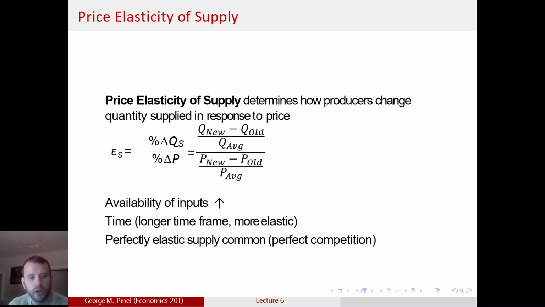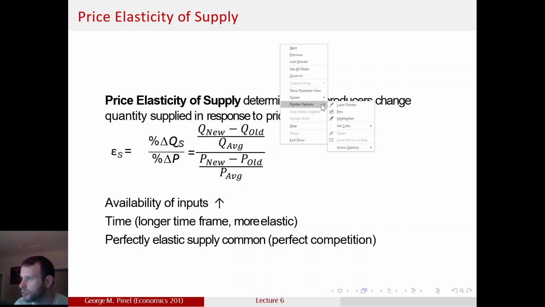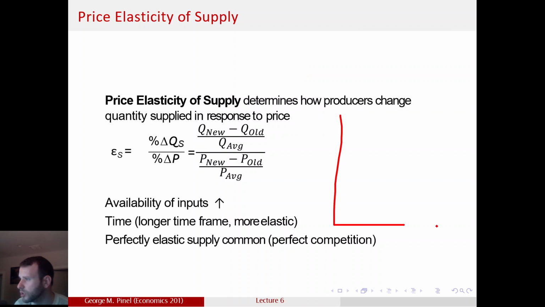One thing to note is that it's common to have perfectly elastic supply when there's something called perfect competition. In perfect competition, your supply curve is going to look like this.